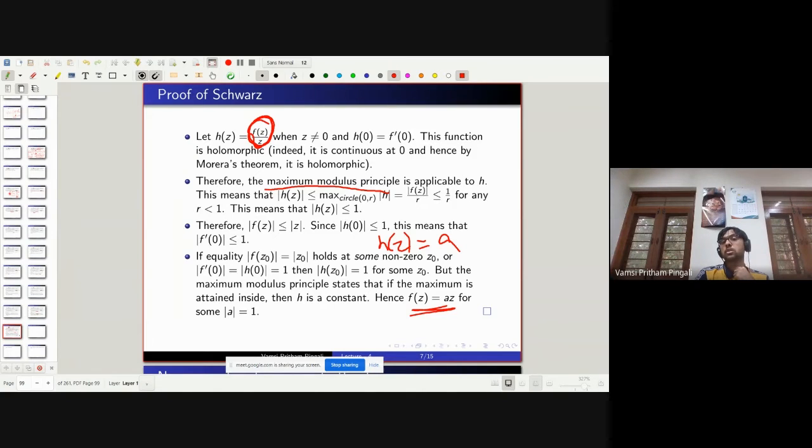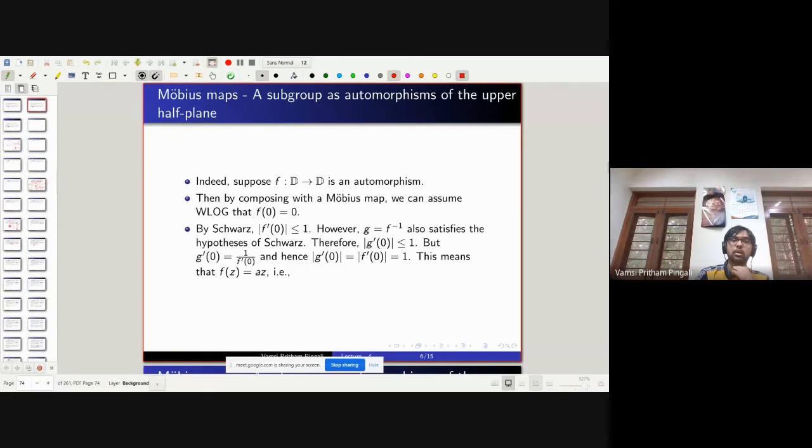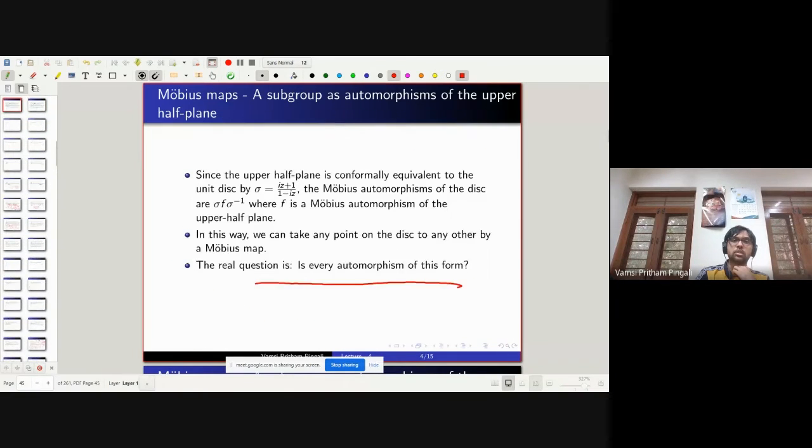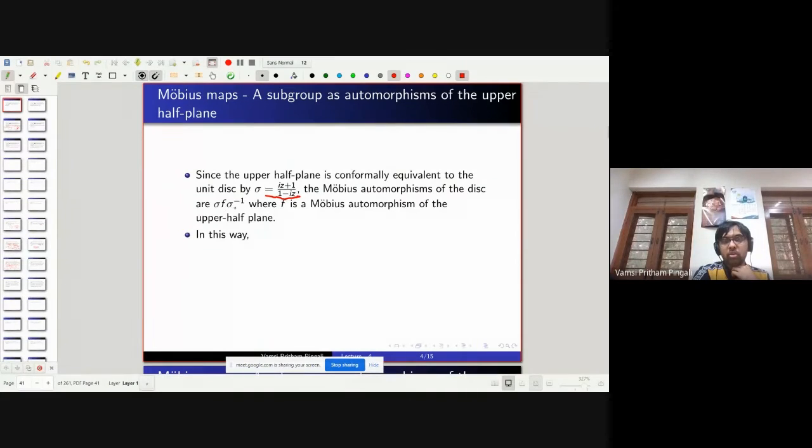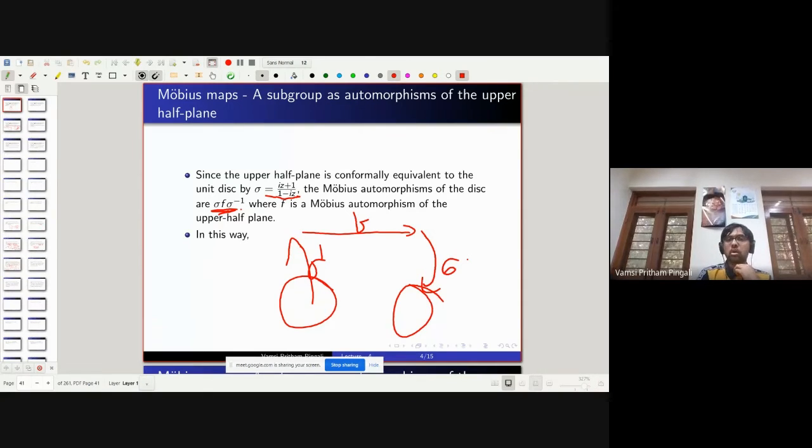From the unit disk to itself, if you want to get the automorphisms, you first map the unit disk to the upper half plane by means of sigma inverse, then apply a Mobius automorphism with real coefficients, and then map back by sigma to the unit disk. So the coefficients are not real.